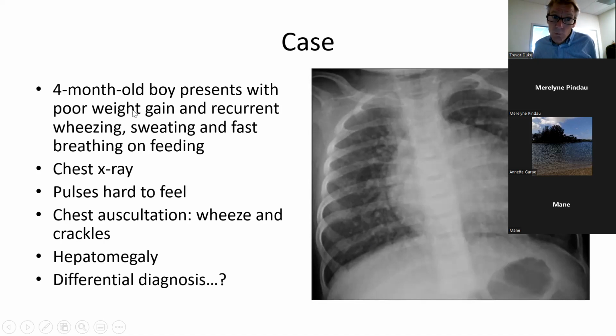Why do you get wheeze and hyperinflation when you've got a VSD? This is a very common problem with VSDs, that they do cause wheeze as well. What's the reason? Well, wheeze is caused by bronchial obstruction, isn't it?